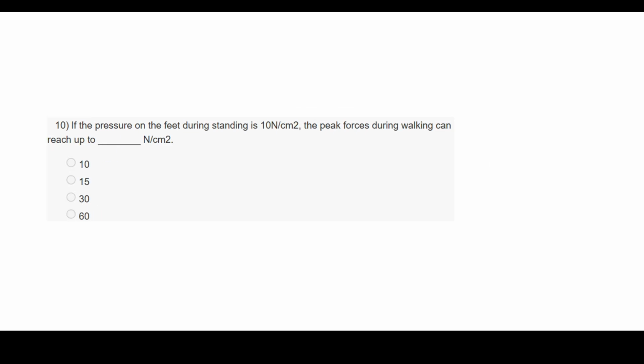If the pressure on the feet during standing is 10 Newton per centimeter square, the peak forces during walking can reach up to 10, 15, 30, 60 Newton per centimeter square. The answer is 60, sorry, not 30. They can reach up to 60 depending on the stride and the speed at which the person is walking.